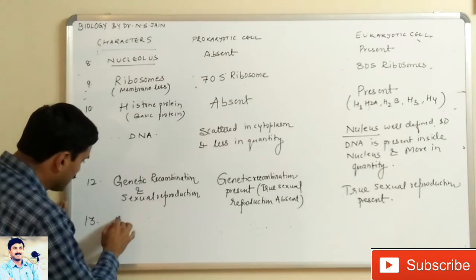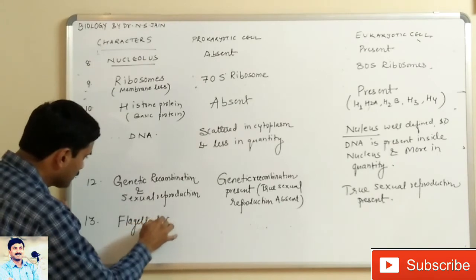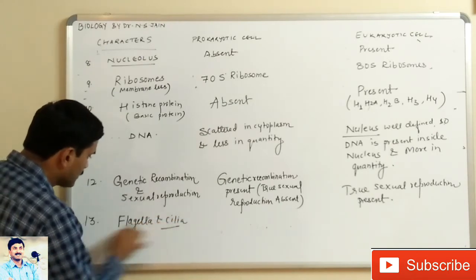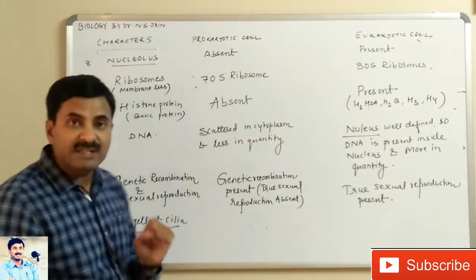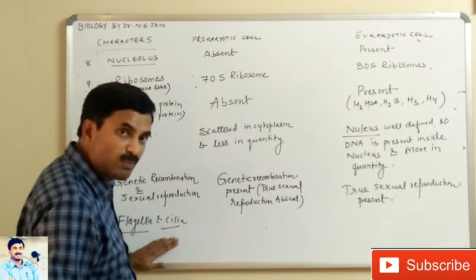Next is the cilia and flagella. If we see the internal organization of the cilia and the flagella, they are made up of microtubules.